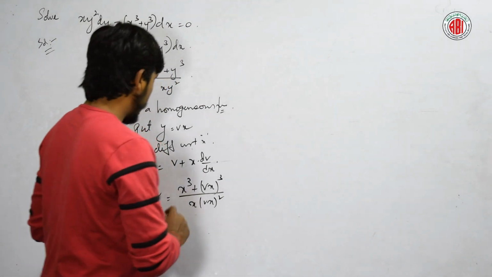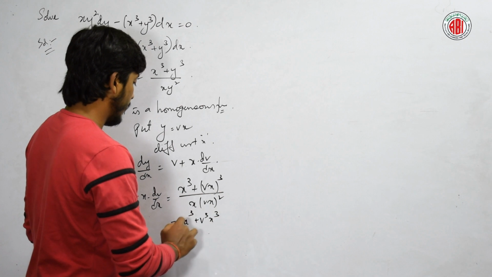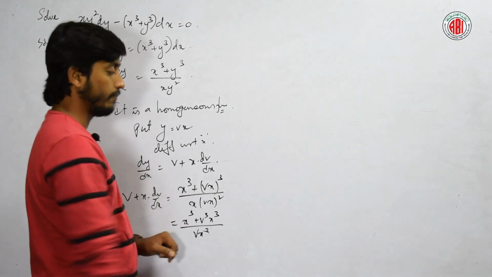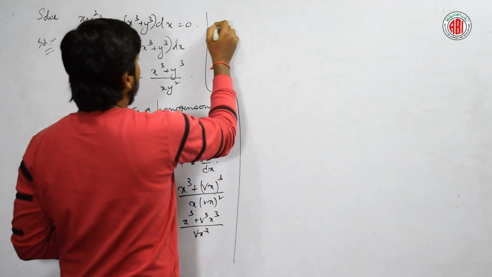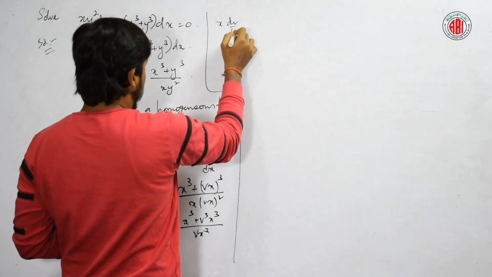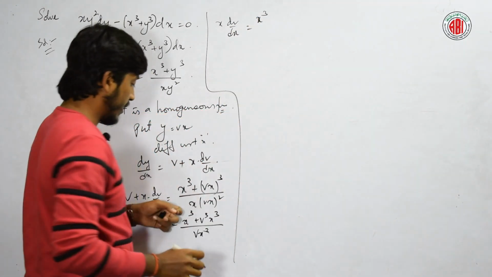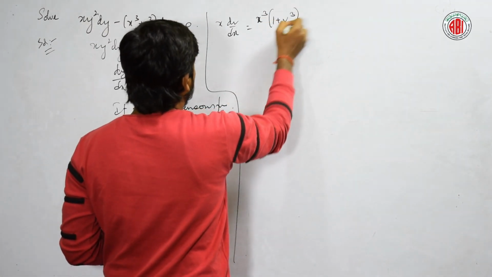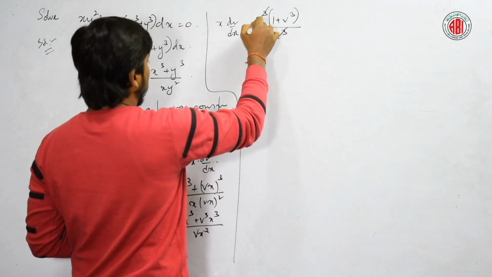So this will be x cube plus v cube x cube by x square into x, that is v x cube. So we will get x dv by dx is equal to, if I take x cube common, 1 plus v cube, and here this is v x cube, these both will get cancelled.